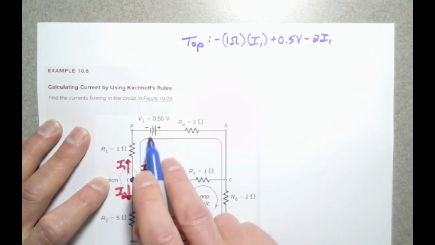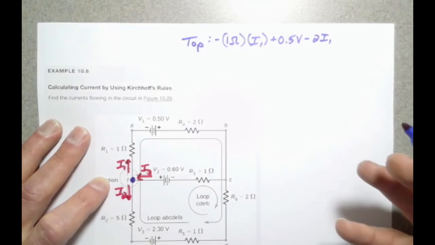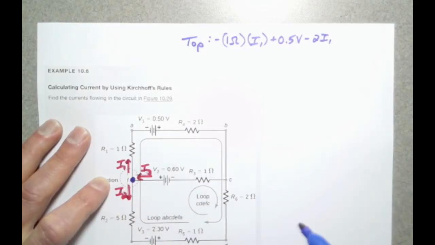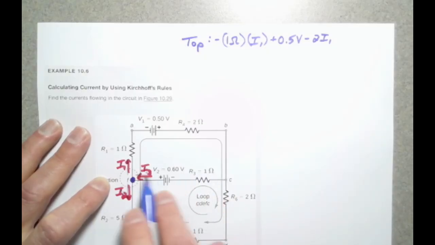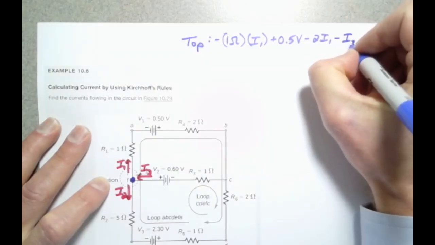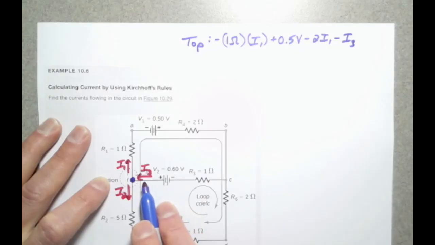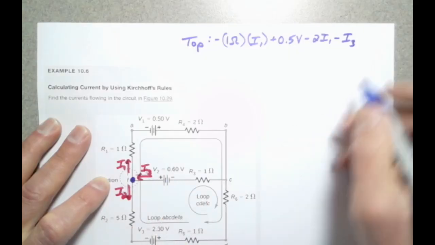Yeah, anytime you move into a different segment of wire, you're going to have a different current that hopefully you have labeled. Okay? All right, so this is going to go down 1 I3, minus I3. And then what happens here? Complete the loop. Oh, well, it gets more charge. Plus more voltage. 0.6.